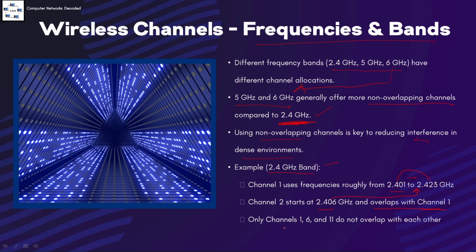So in 2.4 gigahertz, channels 1, 6 and 11 do not overlap with each other. So when you are using 2.4 gigahertz and your device supports channel selection, then you should select these channels because they are non-overlapping channels.